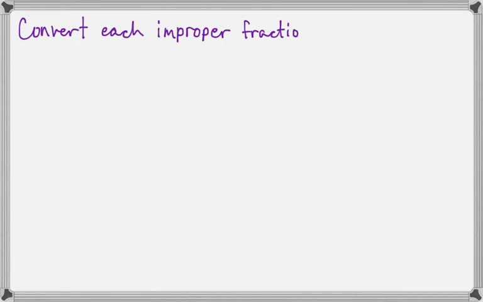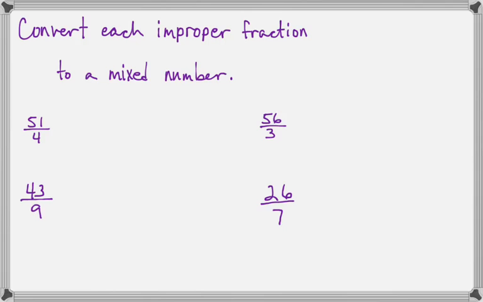Okay, so now we're going to practice a few of these. Here they are. So let's practice changing 51 fourths into a mixed number. So we could say 4 will go into 51. Well, 4 will go into 5 one time with 1 left over.